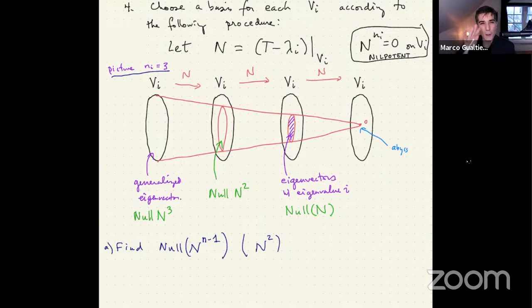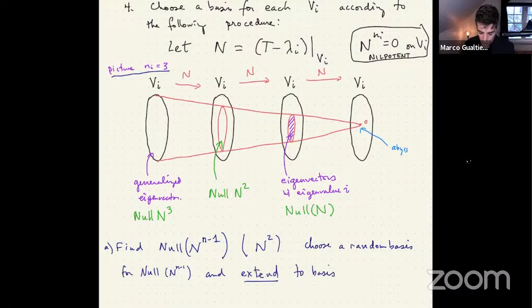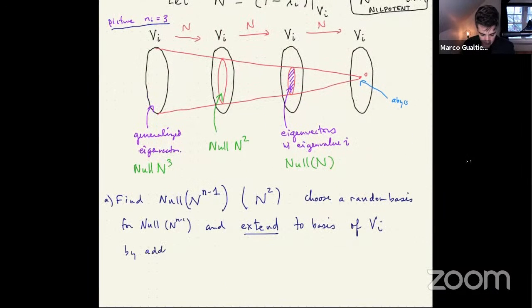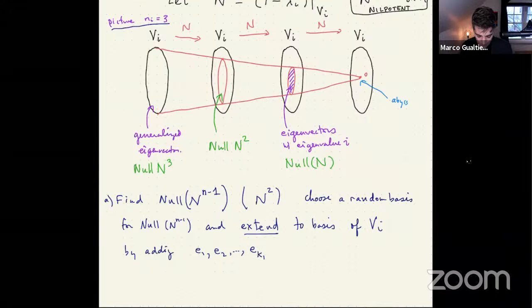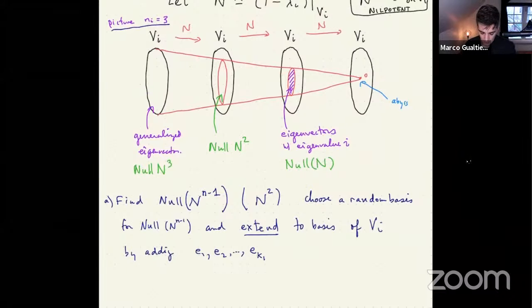So the correct way to do this is maybe to choose a random basis for the null space of n minus 1, and extend it to a basis of VI by adding e1, e2, up to ek1. So these are the good ones.